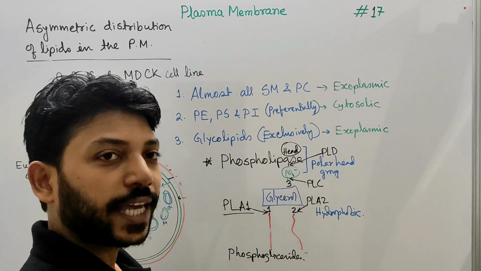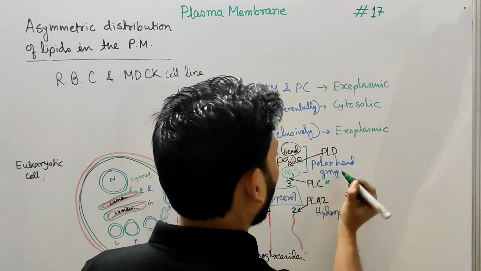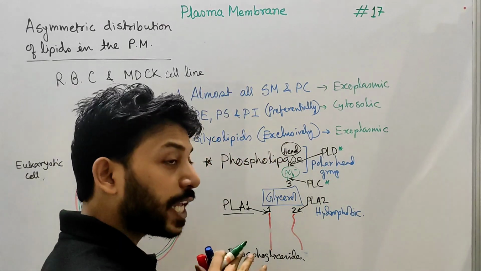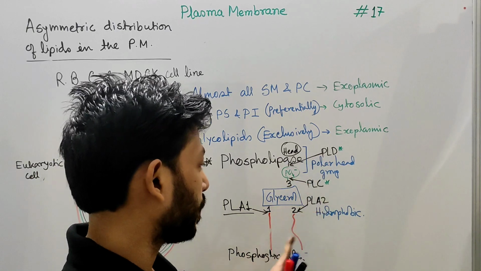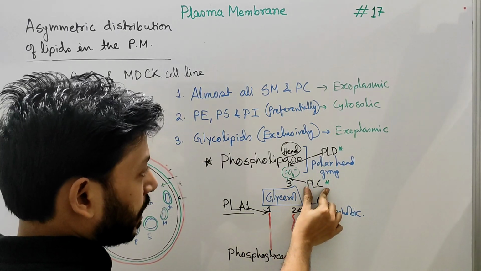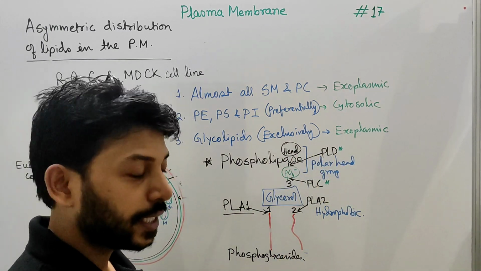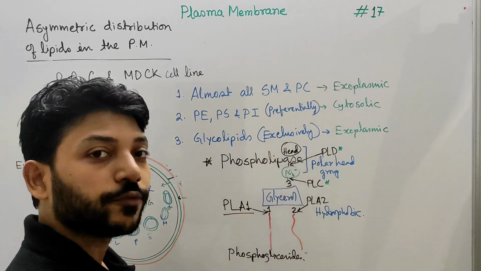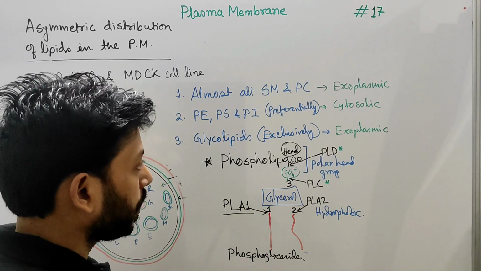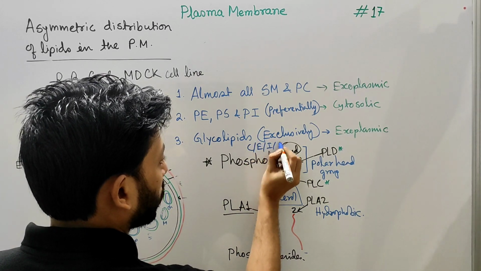Now scientists took the help of these 2 enzymes, phospholipase C or phospholipase D, not the others. So with the help of phospholipase C or phospholipase D, we can cleave the head group. And I have mentioned that the head group differs, because it could be choline, ethanolamine, inositol or serine.